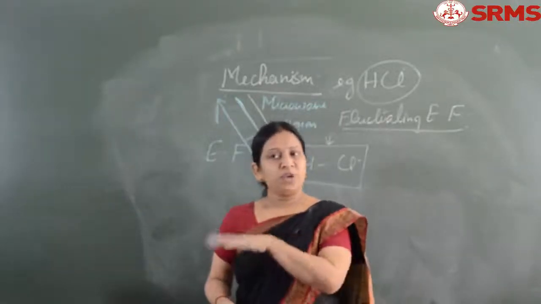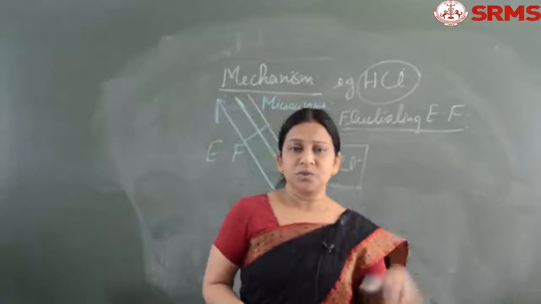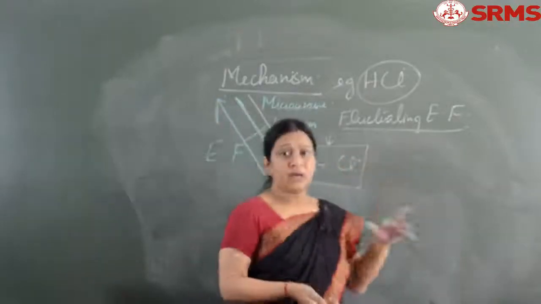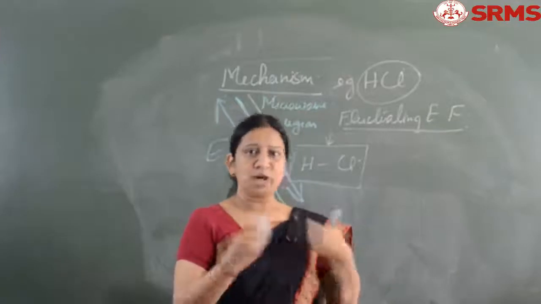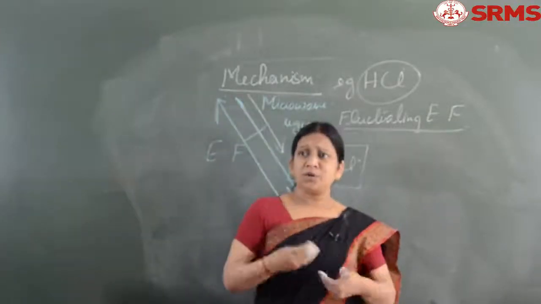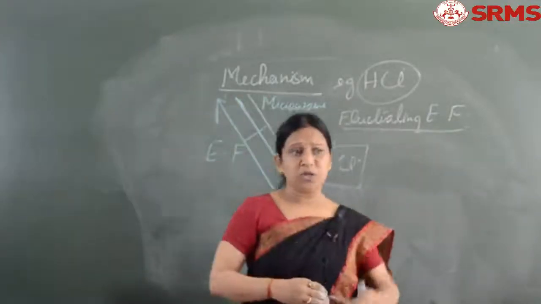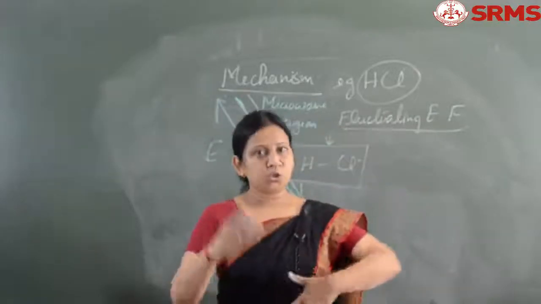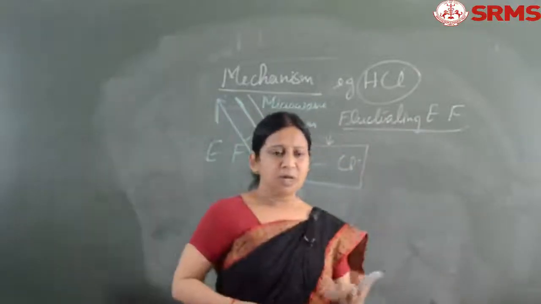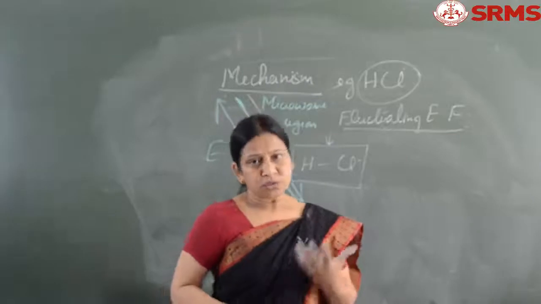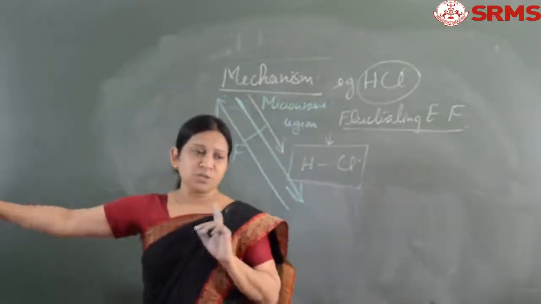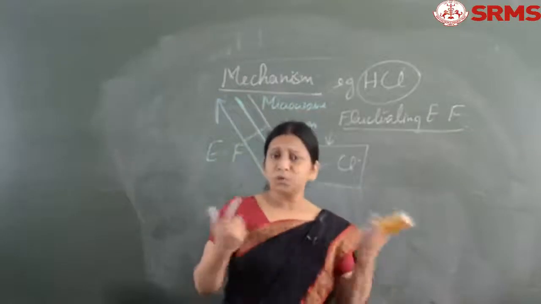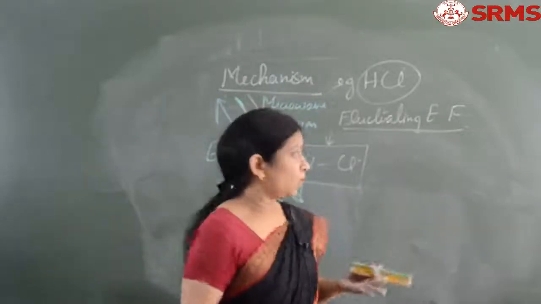When the electric field of the radiation comes in resonance with the fluctuating electric field, energy changes take place between radiation and molecule. So energy can be transferred from radiation to molecule or molecule to radiation. So absorption and emission can take place, and we get an absorption spectrum in case of rotational spectra.